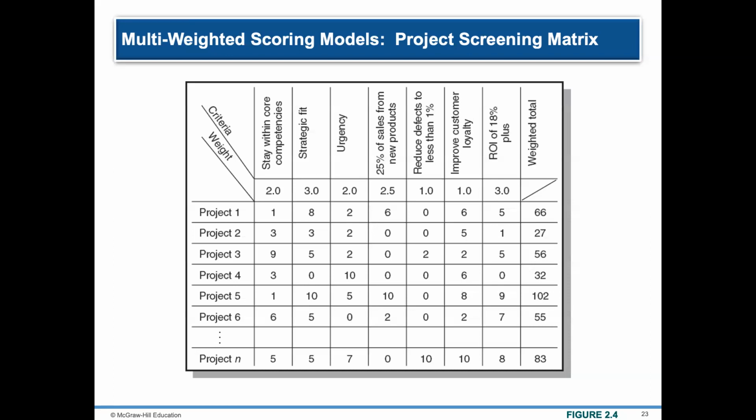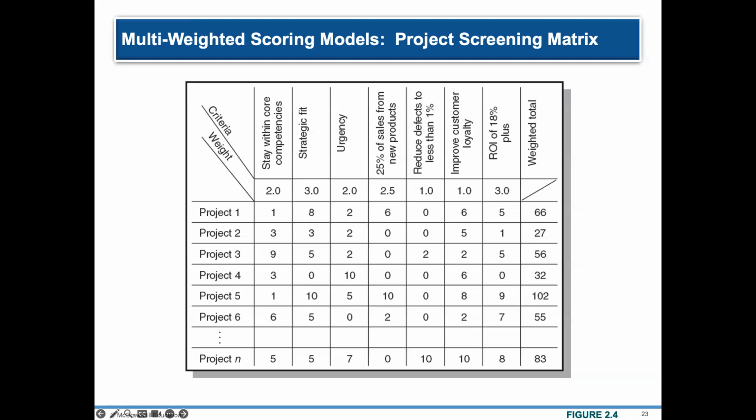All right, so that's how you use multi-weighted scoring models when you try to screen potential projects for implementation. So, which brings us to the realization that not all projects can be implemented.